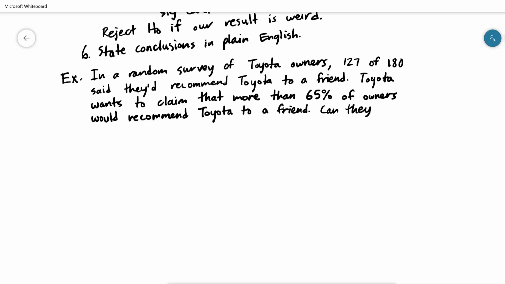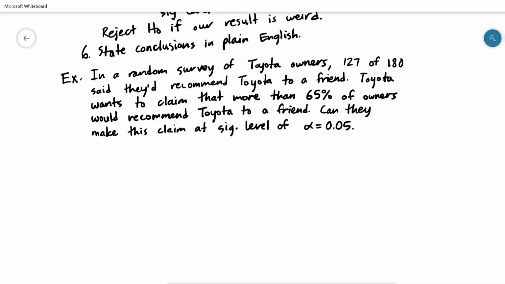Can they make this claim? So is this a valid claim, basically? At a significance level of, let's just stick with the one that we've been doing, alpha equals 0.05. We'll do one with a different number in one of these upcoming examples.